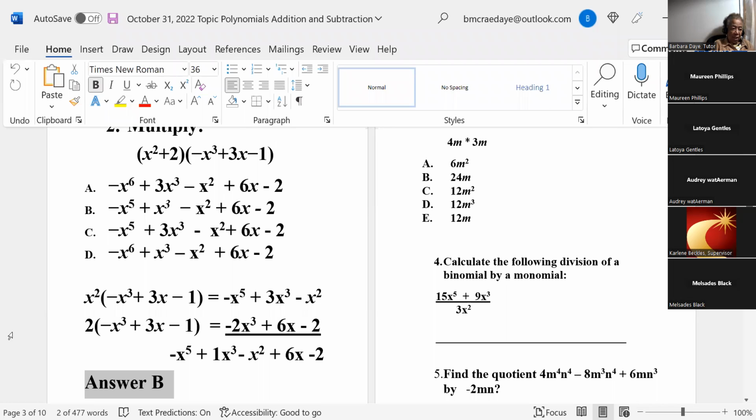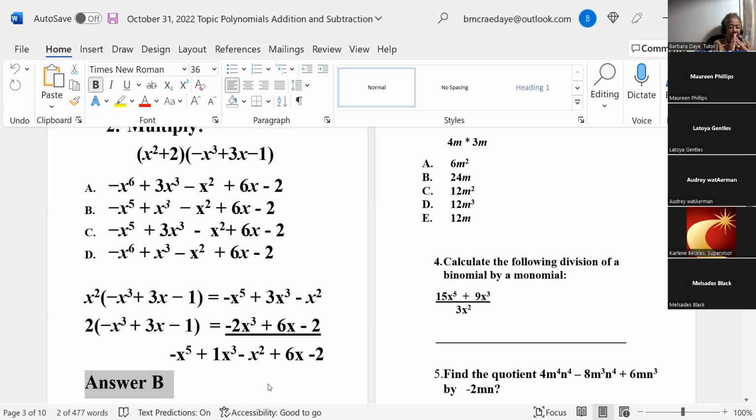That's what we did. We took the x to the 2nd times the polynomial, and we took the 2 times the polynomial, and then we combined them, putting like powers together. And that only occurred with the x to the 3rd. The 3x to the 3rd, the minus, we subtracted, and that gave us just 1x to the 3rd.